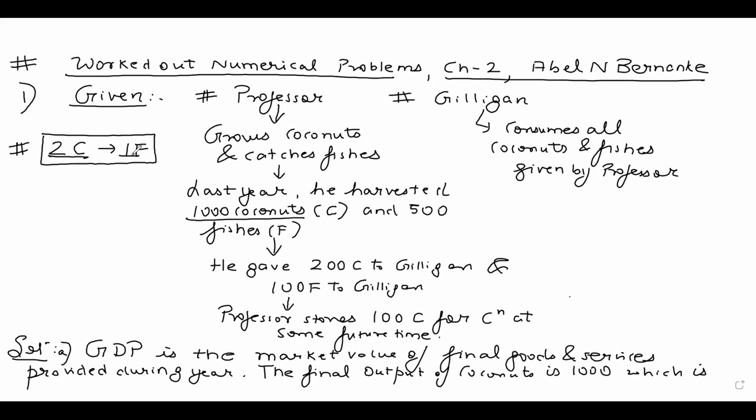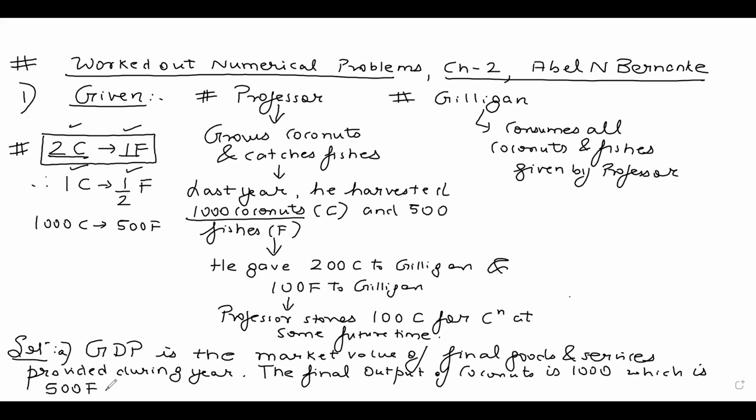Remember, 2 coconuts are equal to 1 fish. Therefore, 1 coconut is equal to half a fish, by the unitary method. So 1,000 coconuts will be equal to 500 fishes. So the final output of coconuts is 1,000, which is 500 fish.